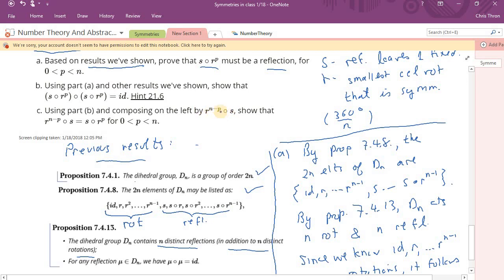So I'm going to take R to the n minus P composed S composed this part, is equal to R to the n minus P composed S composed the identity. All right, so you're going to apply this R to the n minus P composed S to both sides of this equation. Then you can use the associative property to move things around, and things will cancel, and you'll get the result that you want. Okay, that's it.